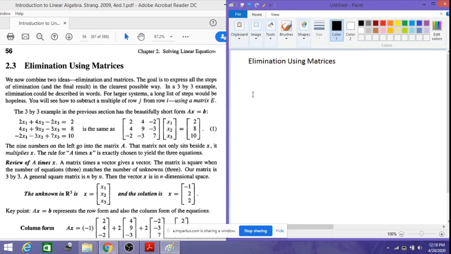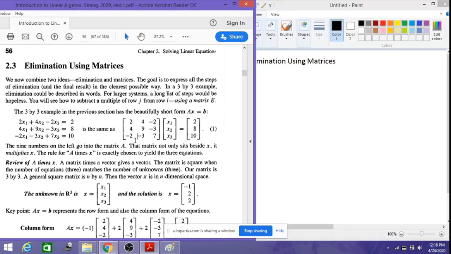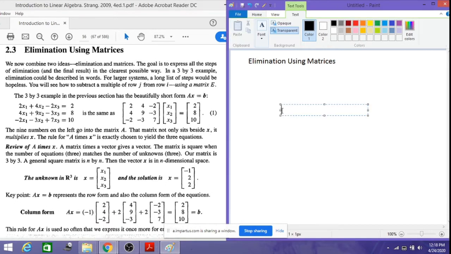We'll take the same kind of 3x3 matrix, and then we will see this. What are these terms here?